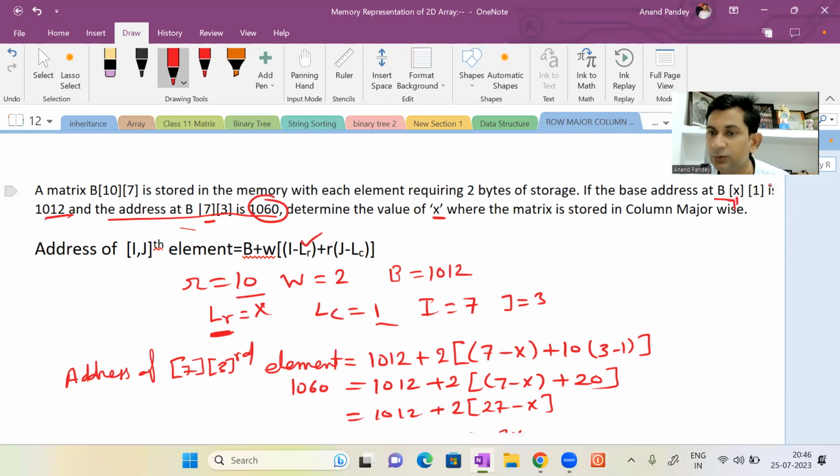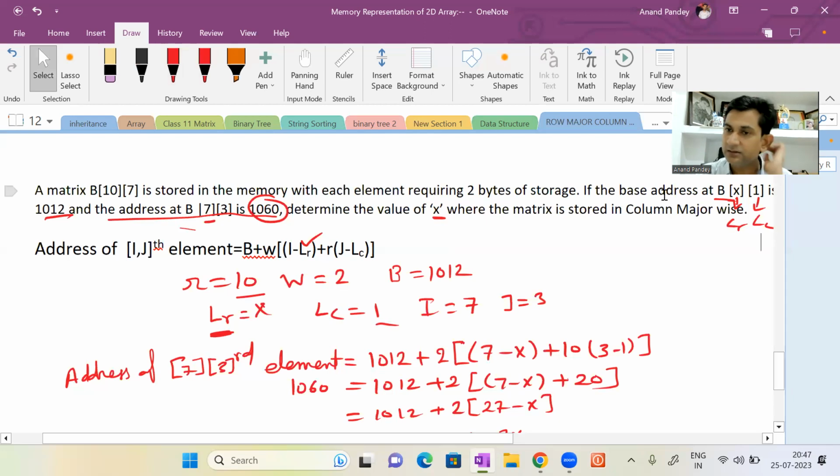So the row index will be LR and the column index will be LC. These two things, and one more thing: in the formula, anything can be asked. These three things I have taught through this question. So please try to learn it. These are the different ways to ask the question. Okay. So I hope the things are clear, and please practice more questions from the board examination papers.